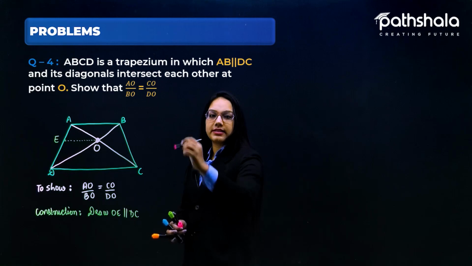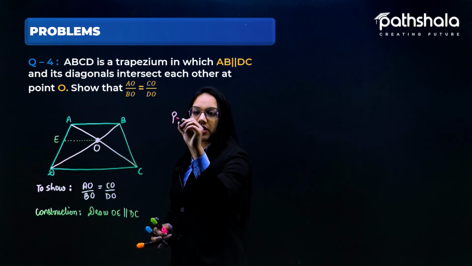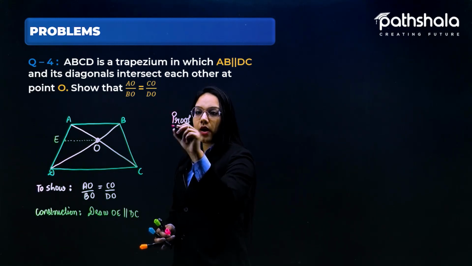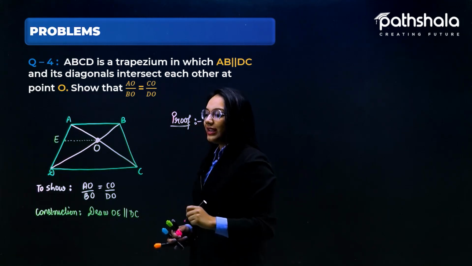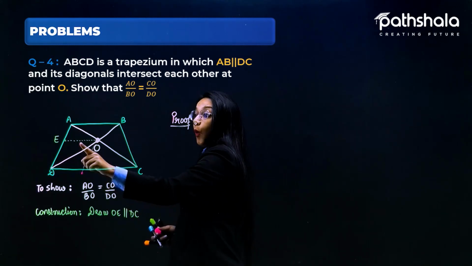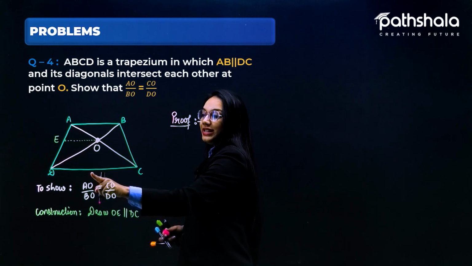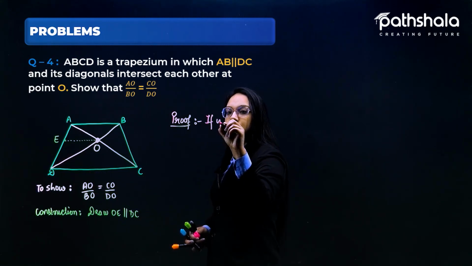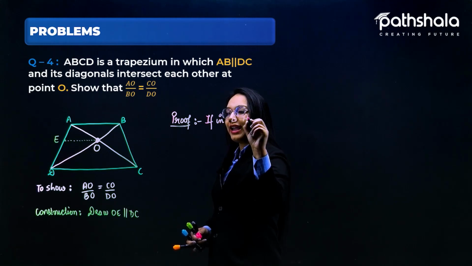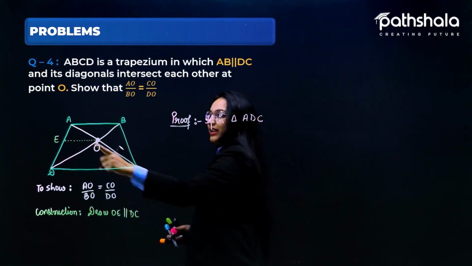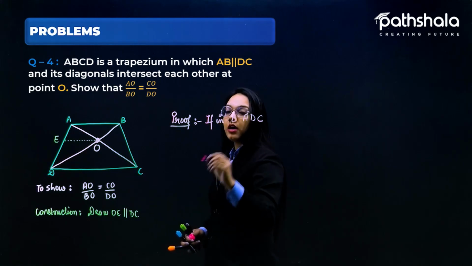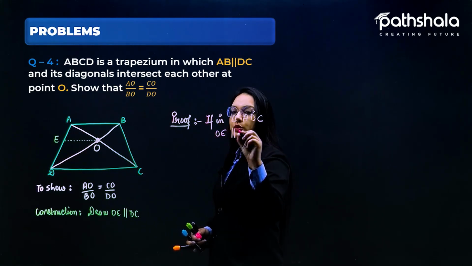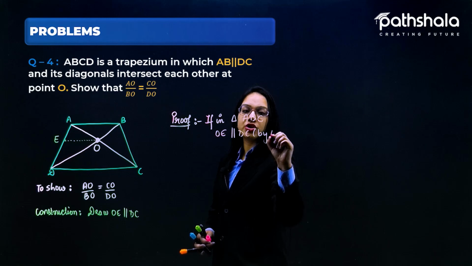As you can see over here, let us start the proof. We have this OE which is actually parallel to DC. So in triangle ADC, OE is parallel to DC by construction.